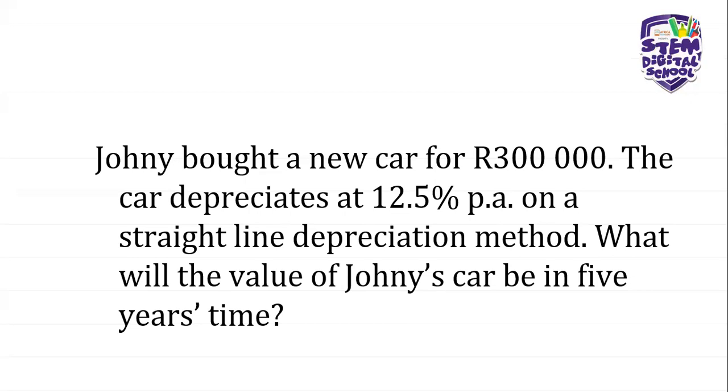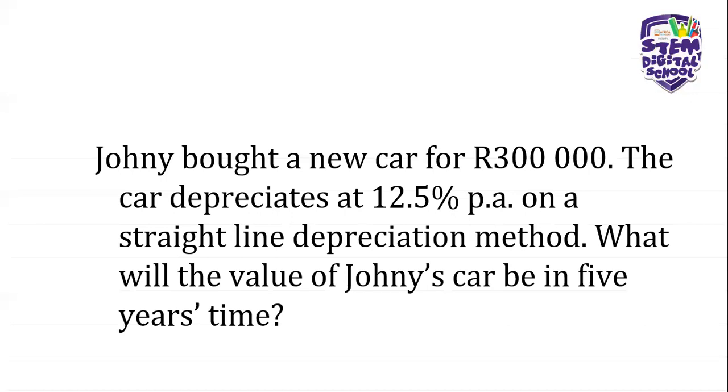And we are also given the number of years, which is 5. So if you use this in the formula, you take 0.125 and multiply that by the number of years, which is 5, and it will give you 0.625.